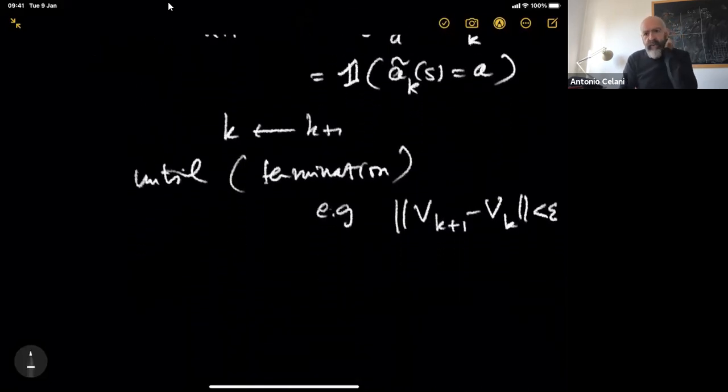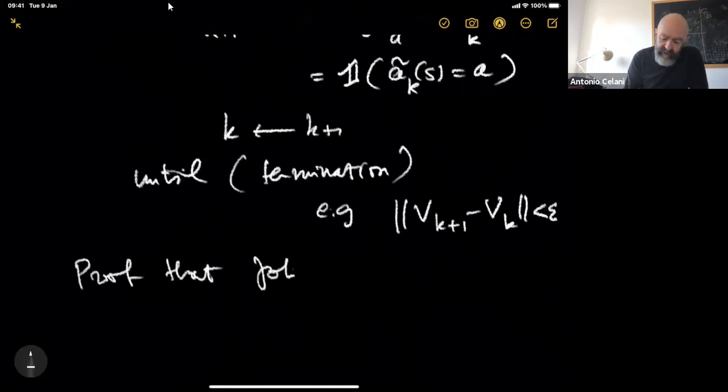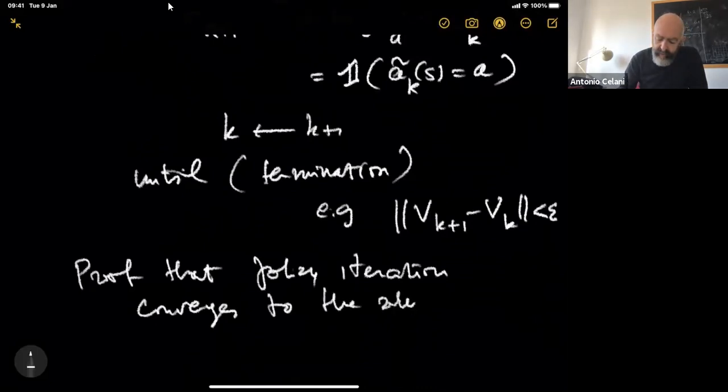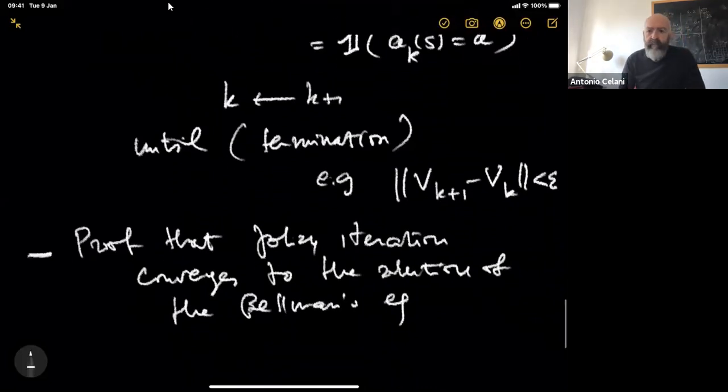And what we're going to do now in a few lines is to prove that policy iteration converges to the solution of the Bellman equation. Okay, so this is not very complicated.